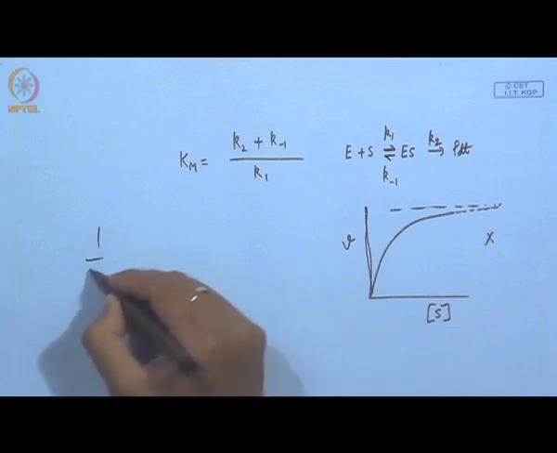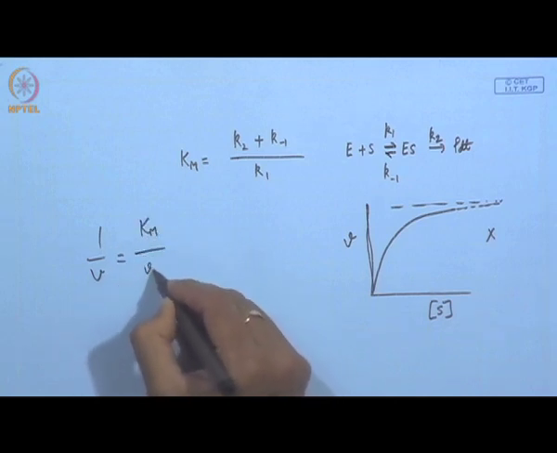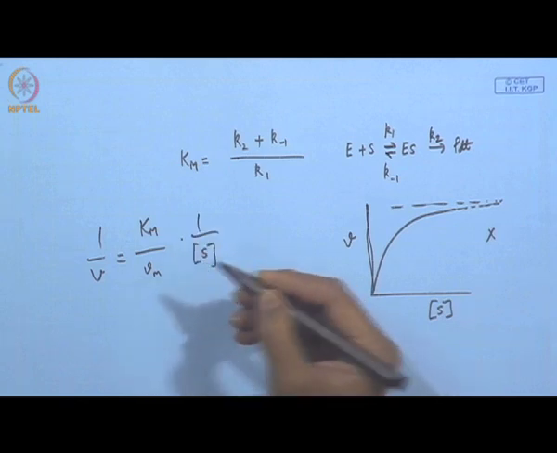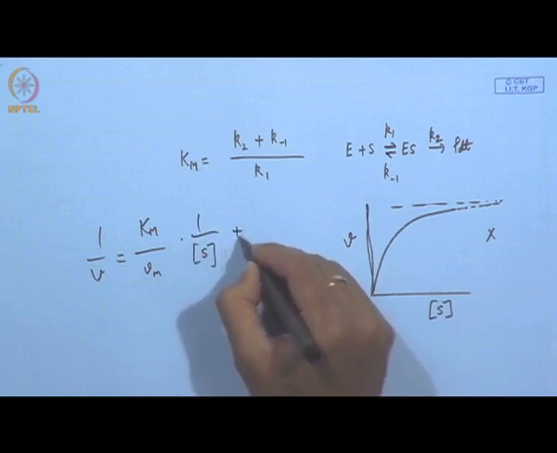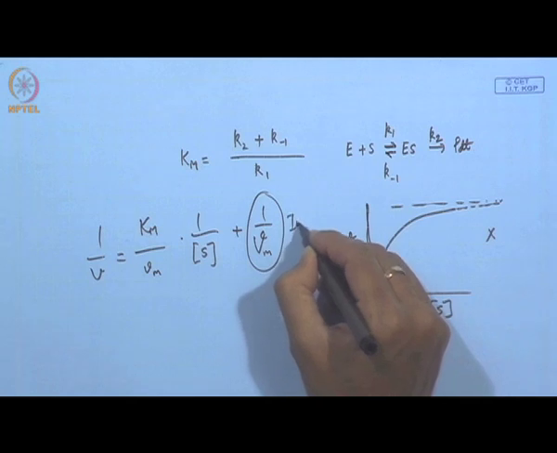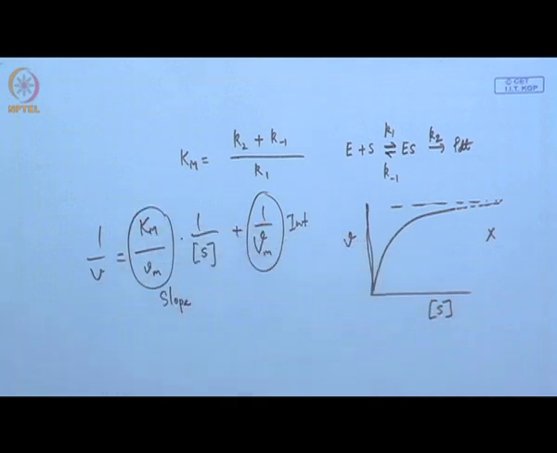So, that is 1 by V is equal to Km by Vmax into 1 by S naught, or S initial substrate concentration, plus 1 by Vmax. Okay. So, this is your intercept, this is your slope. Okay.